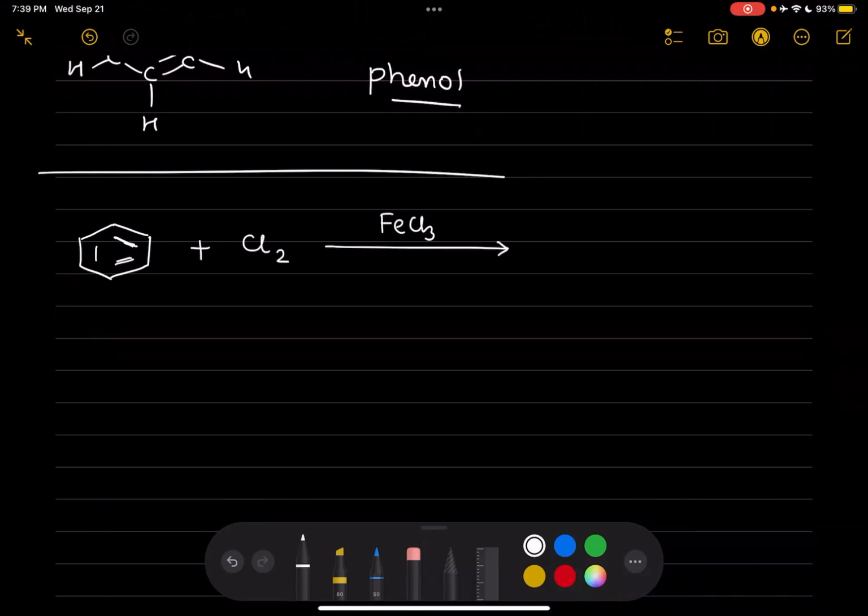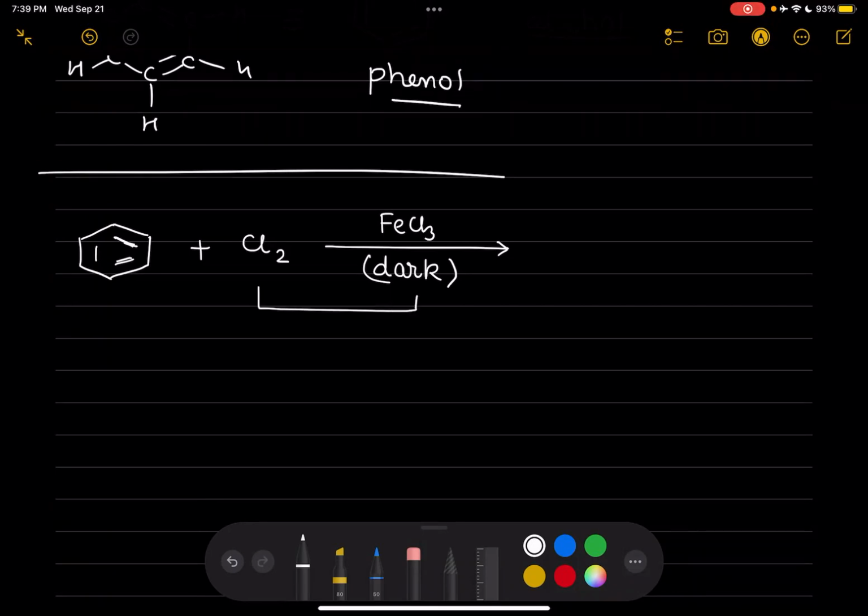This is not photohalogenation, right? Yes, sir. Photohalogenation takes place on alkyl groups, normal aliphatic groups. On the benzene, we use electrophilic aromatic substitution. The FeCl3 breaks the Cl minus, and Cl plus will form.